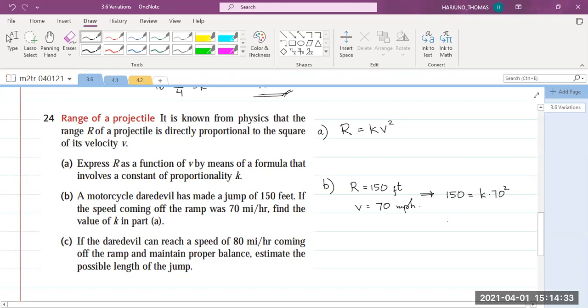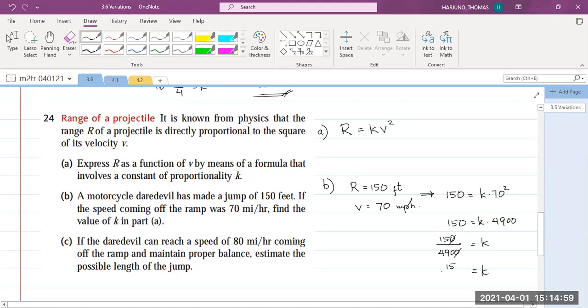Then we compute 150 equals k times 4900. So k equals 150 over 4900. Simplify, but do not make it decimal, because if you make it decimal, there could be some rounding error.